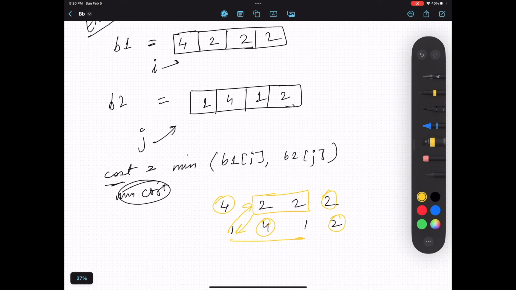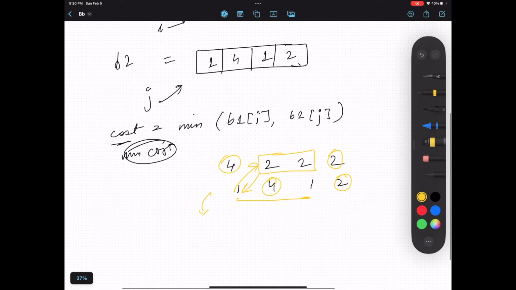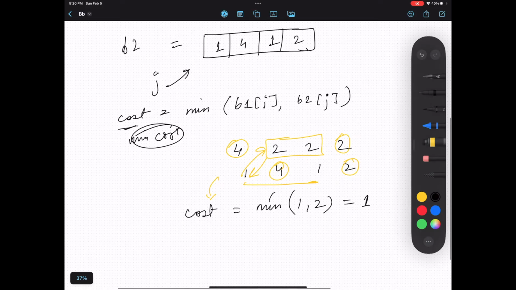If we swap 1 and 2, we are done, right? The content would be exactly the same. And the cost would be min of 1 and 2, which would be 1. So this is one operation. With cost 1, we made both baskets similar.